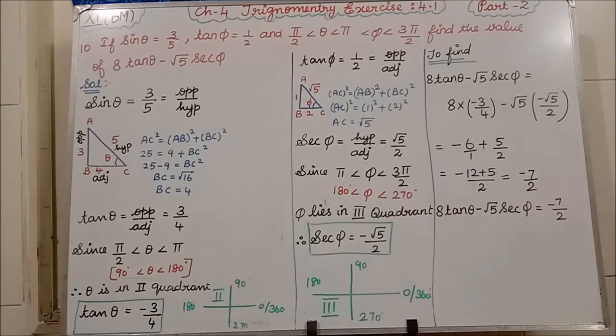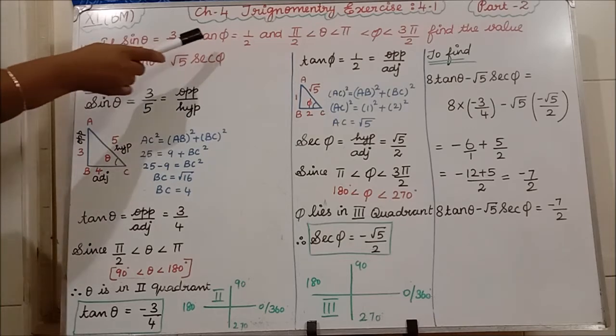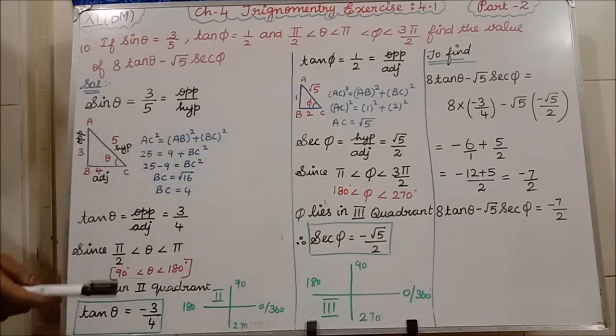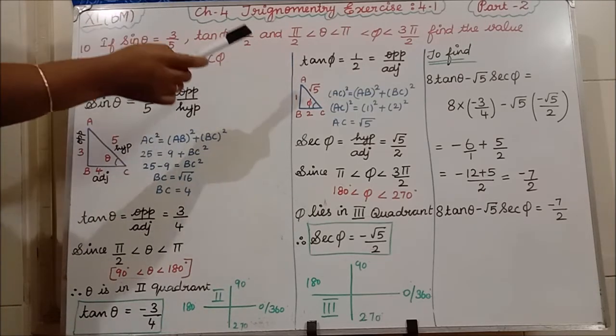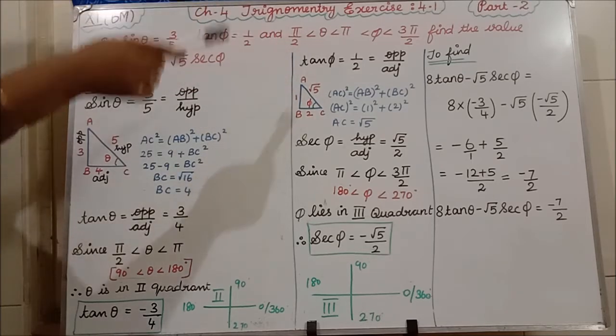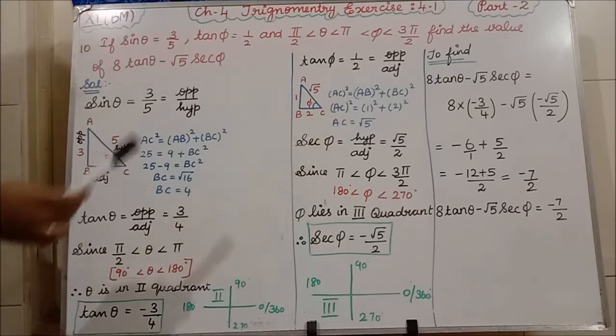Students, next we will see the 10th question. Previously we have seen one problem, that is not the 8th question, that is the 9th question. Now this is your 10th question. See, if sin theta is equal to 3 by 5, tan phi is equal to 1 by 2, and pi by 2 less than theta less than pi less than phi less than 3 pi by 2.